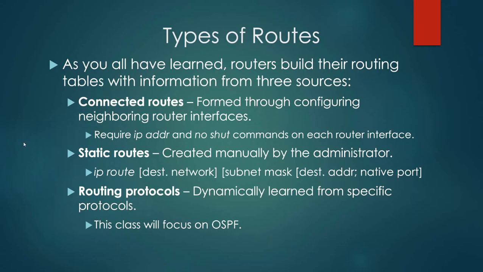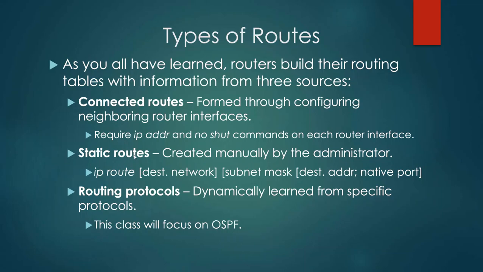So let's go ahead and review the types of routes. As you all have learned, routers build their routing tables with information from three different sources. You've already worked with two of these, the first being connected routes. These are formed through configuring neighboring router interfaces. So the IP address and no shut commands, after you do that on two neighboring interfaces between two routers, a connected route will automatically be created.